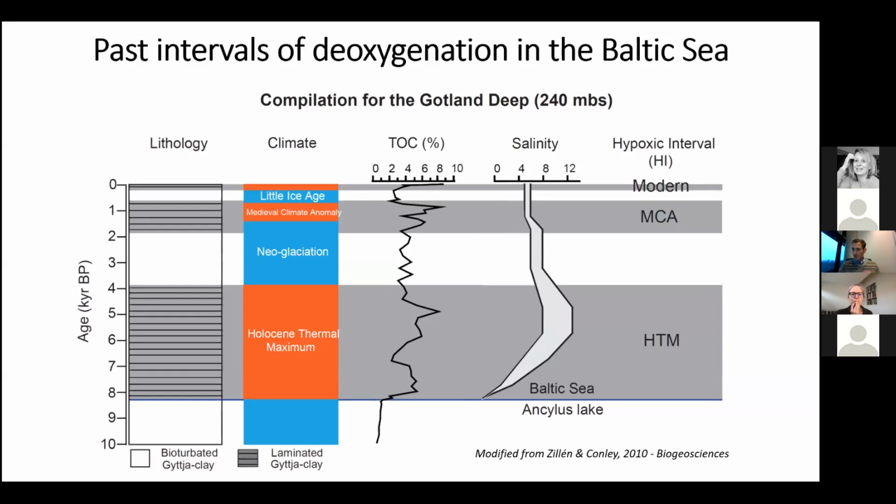Then molybdenum is taken from the water column. That makes it a really strong indicator for hypoxia, or actually I should say euxinia, because it's sulfide. But this can of course also happen in the sediment. It doesn't necessarily have to happen in the water column.